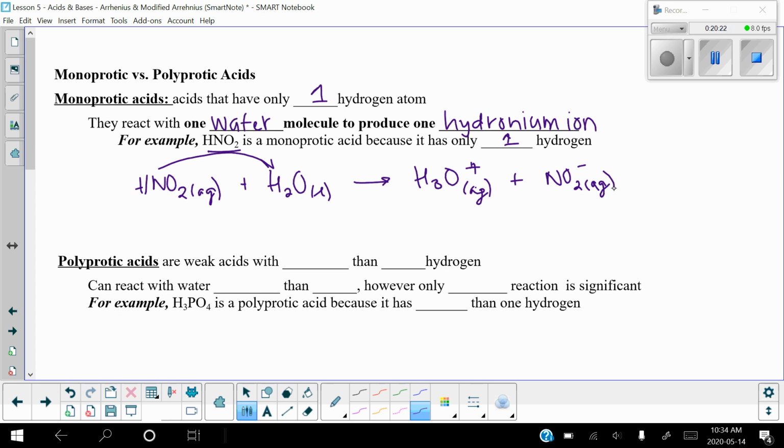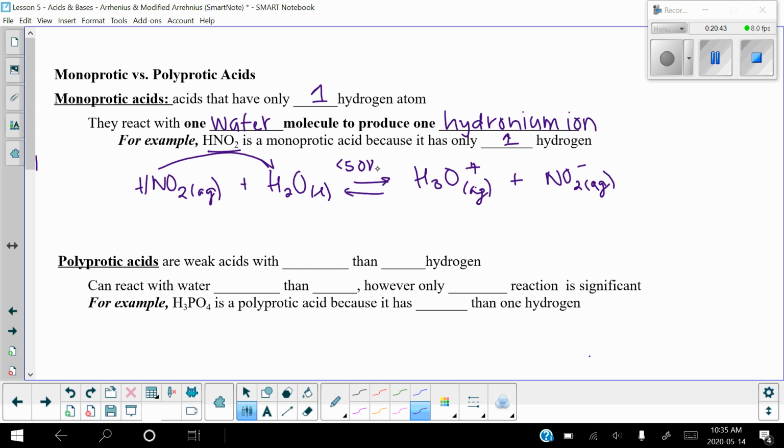Okay, so it can only partake in one reaction. Now, nitrous acid is a weak acid, so it's going to ionize approximately 50%. Sorry, that should be an equilibrium arrow, approximately 50% ionized, because it's a weak acid.